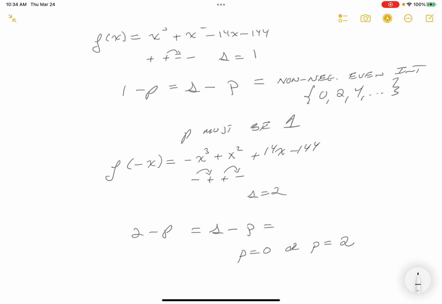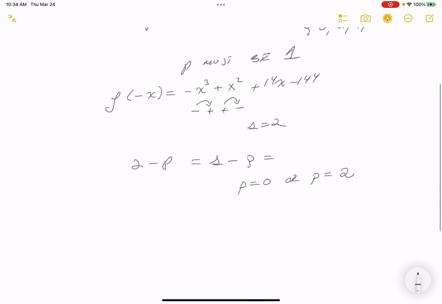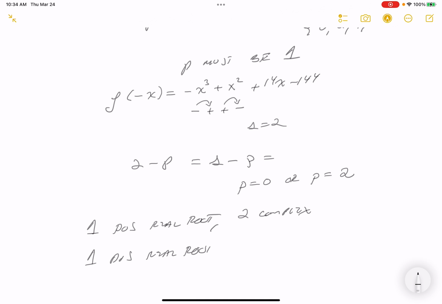So we know there's one positive root, it's a real number, and now there could be 0 or 2, all right? So I'm going to write down the possibilities. There's one positive real root. There could be two complex as well, all right? There could be one positive real root. That's always the case, by the way. And there could be two negative.